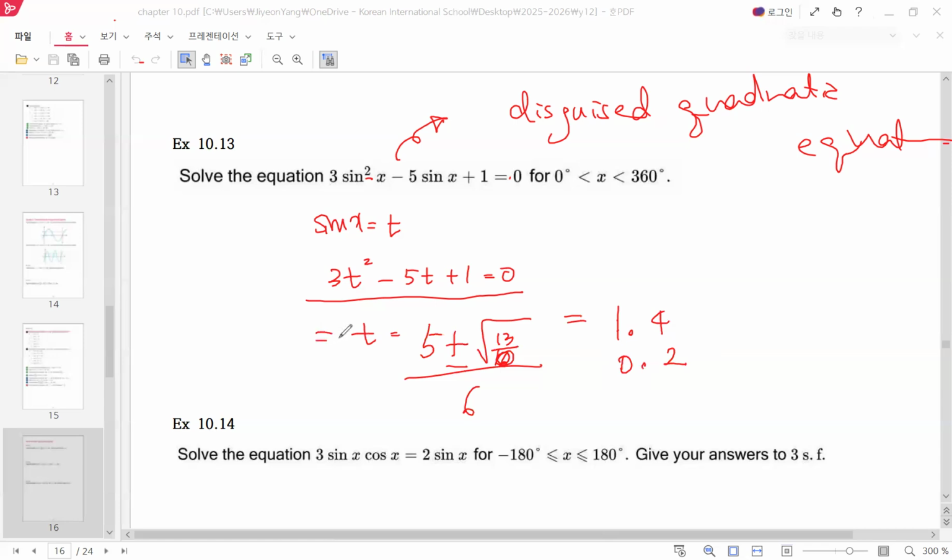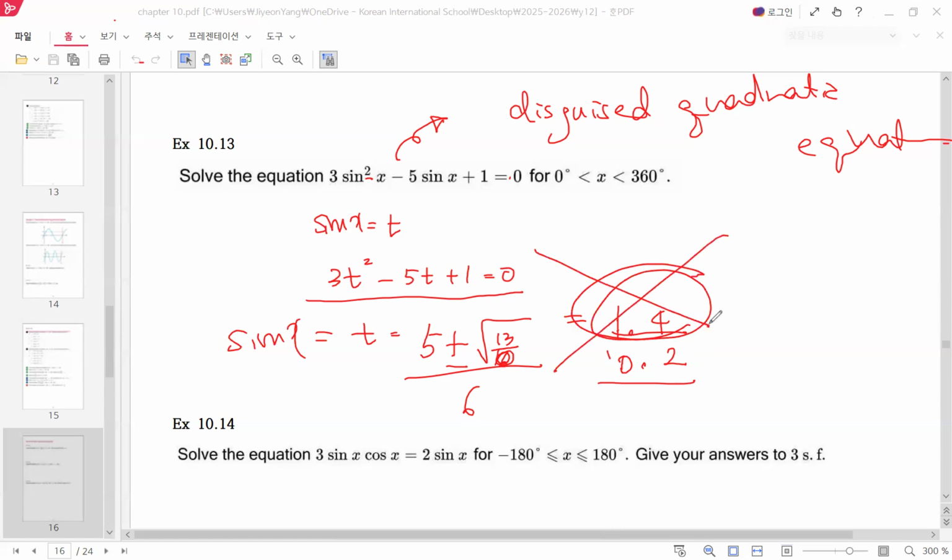Students, since t means sine x, you need to rule out one thing. What is it? You need to exclude one value. Please look at those values and choose only the one value which makes sense. 0.2 should be the right one because the other is above 1, right? So you need to rule out this one, okay?